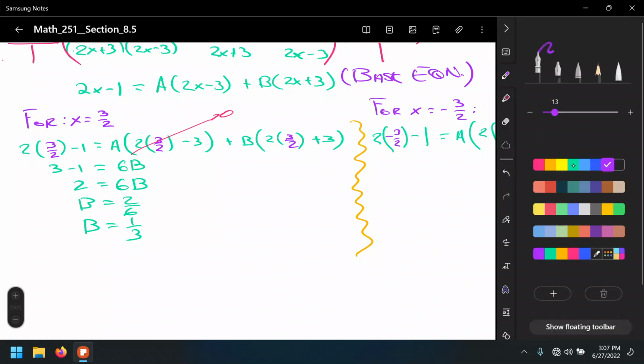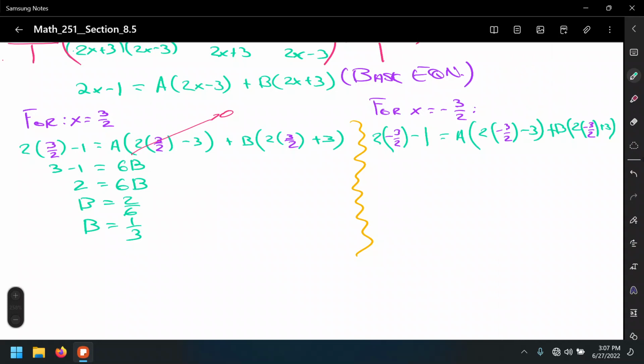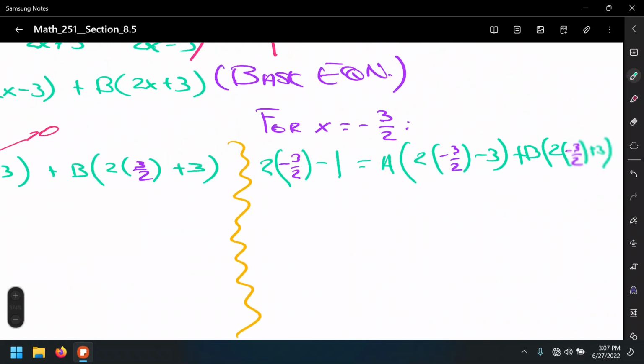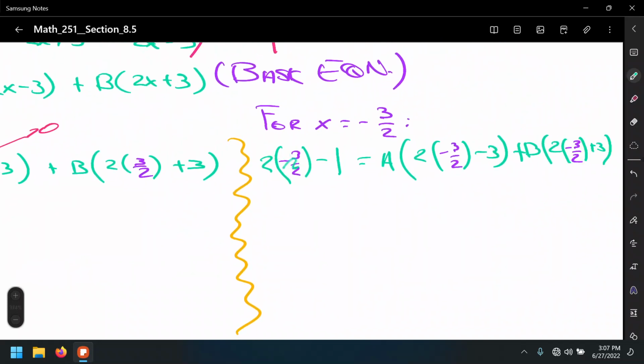Okay. Let's simplify this. Okay, these two's cancel, but be careful because that's a negative number. So that's negative 3 minus 1 equals, okay, these two's are going to get canceled, leaving us with negative 3, which we need to subtract this negative 3. Isn't that a negative 6? And over here, cancel these two's, and we're left with negative 3 plus 3.